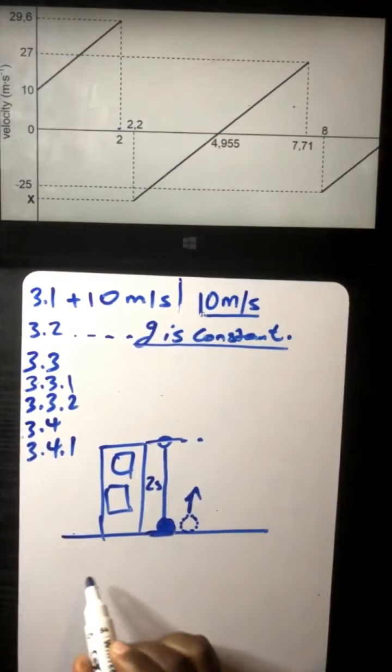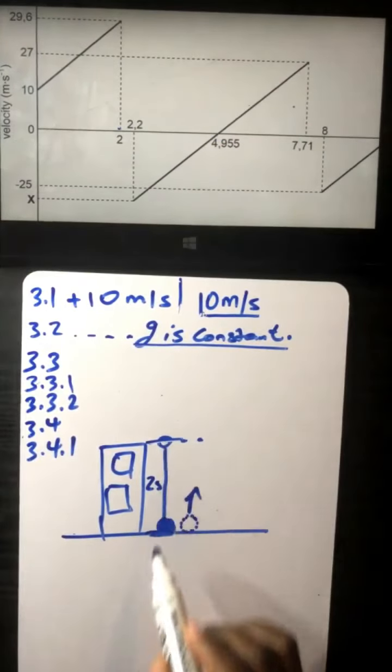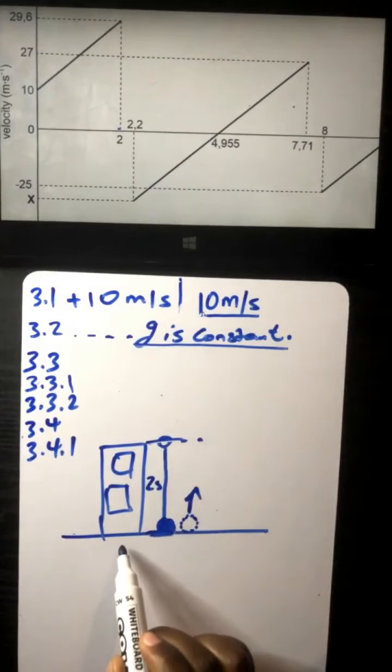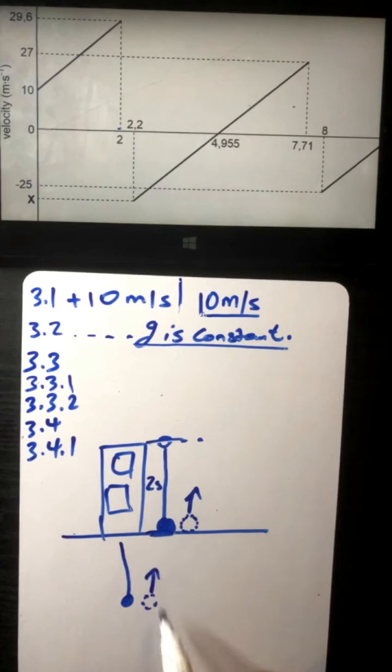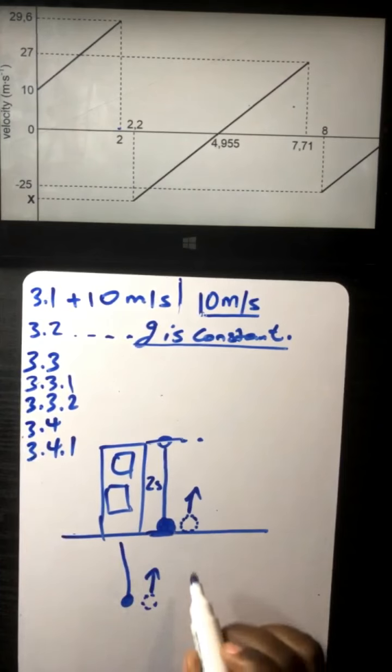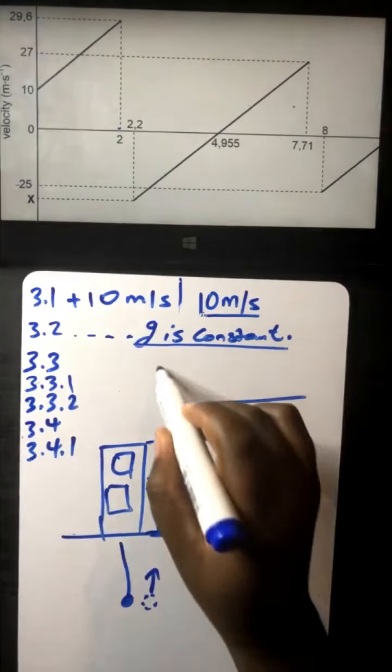So that means this object takes 2 seconds, it strikes the ground. Then there's that time where it waits. And then after that time, it now leaves the ground. So let me just try to redraw that.